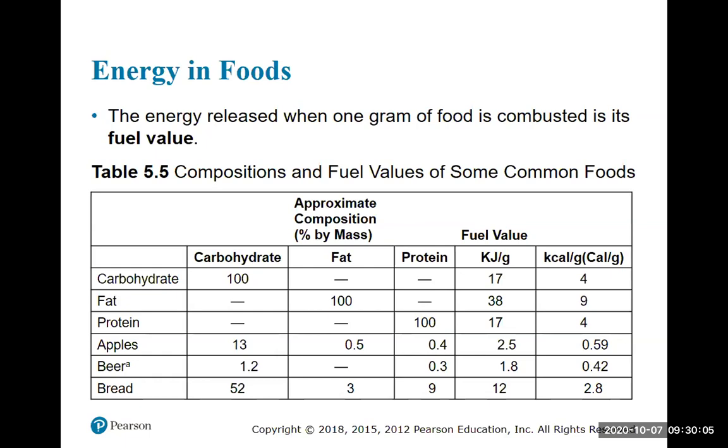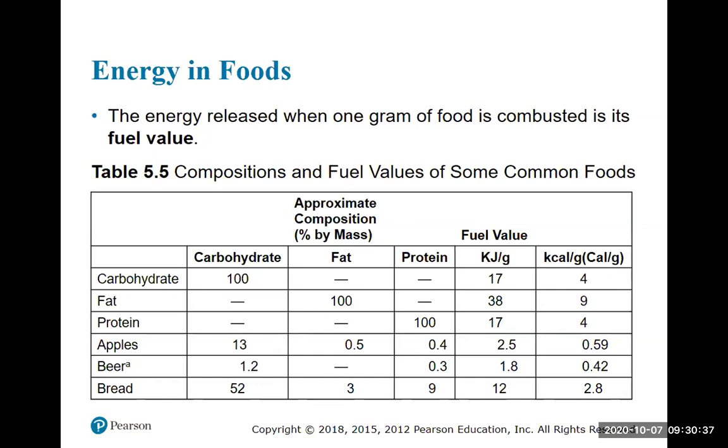So here's a table that shows the composition of the food, and then the fuel value, which is really that kilojoules per gram value. Or if you want calories, kilocalorie per gram. It just gives you a feel for some of the relative things. The takeaway I always get from this one is that fat's a really good source of fuel. So fat in your body, that's why it's important.